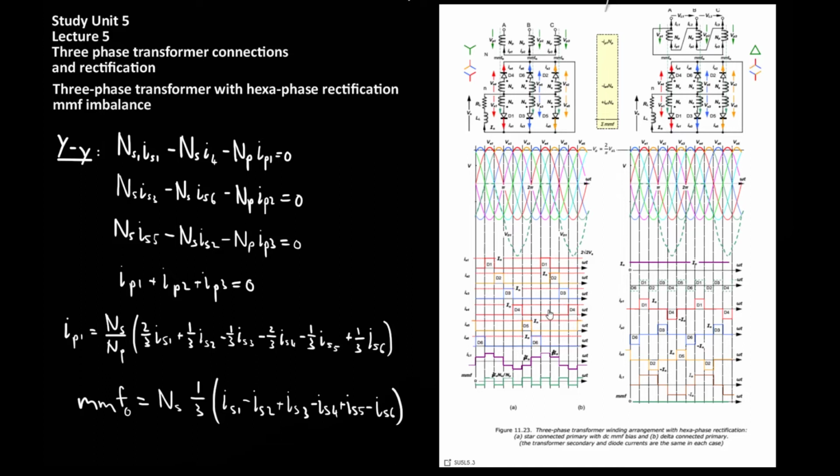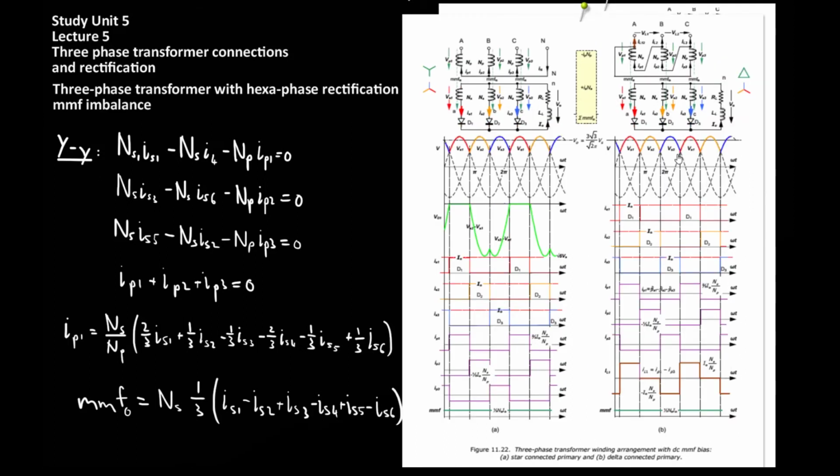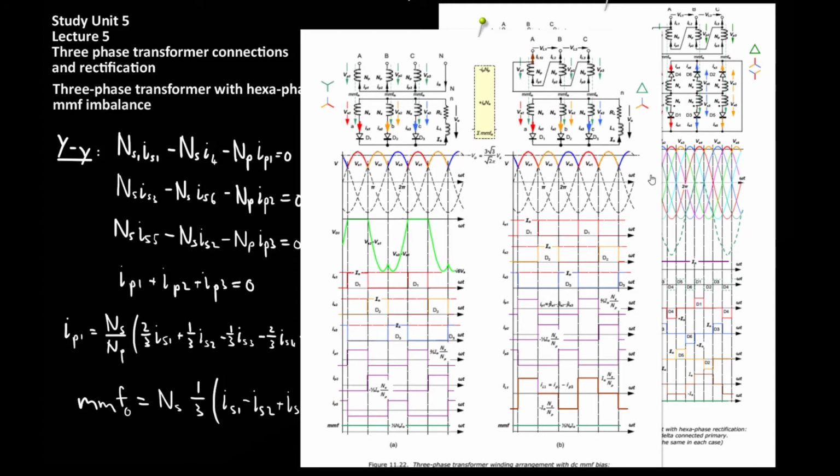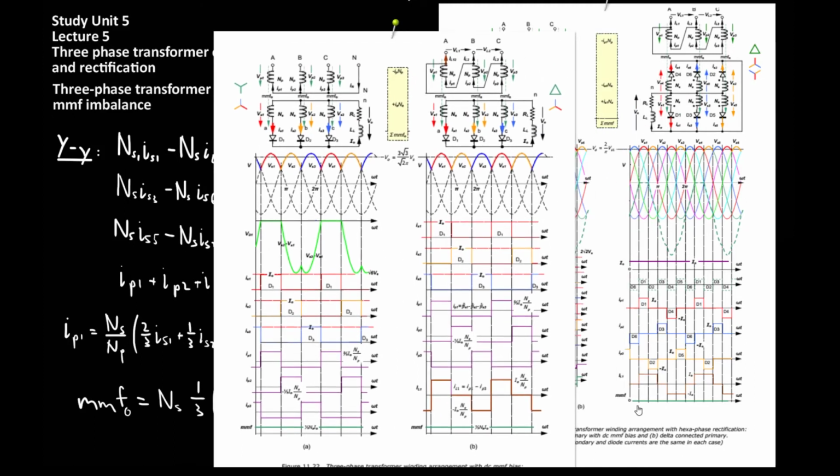The delta YY configuration does not have this alternating DC MMF, but the problem with a delta configuration is that triple-N currents can flow in the transformer coil of the primary. It can be seen with this previous picture, which shows the old half-wave delta Y rectifier, that the delta Y rectifier had a DC bias, but with the introduction of a secondary Y transformer, this MMF0 DC bias can be removed.